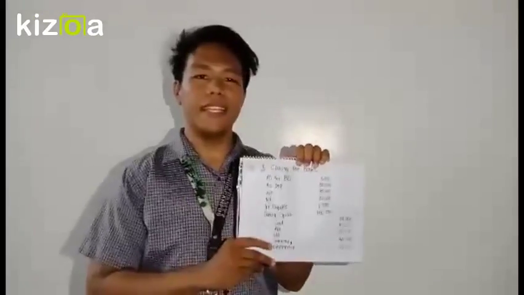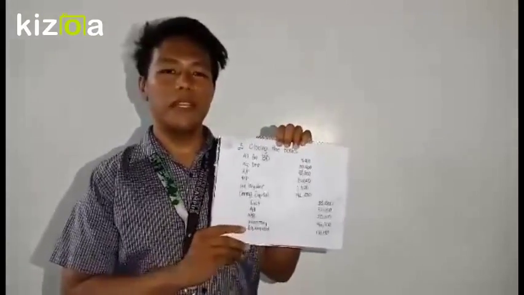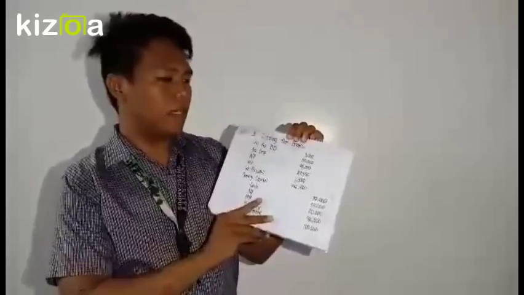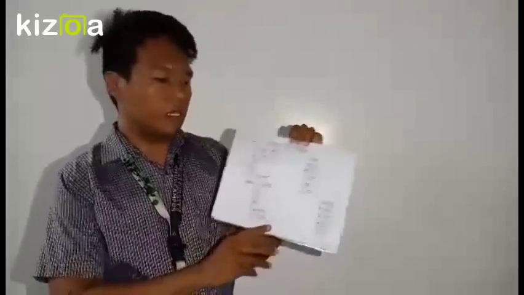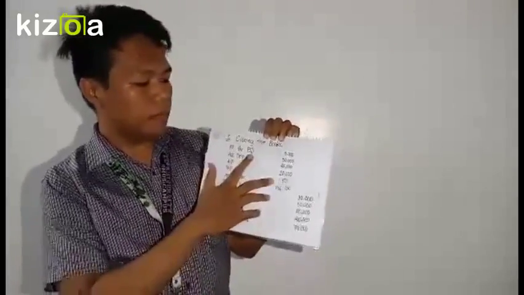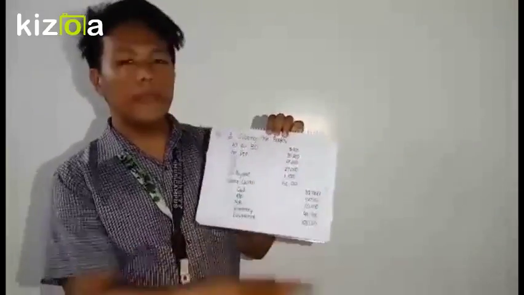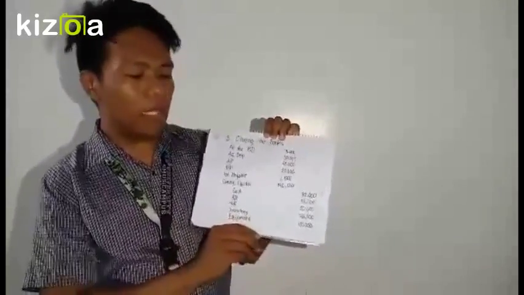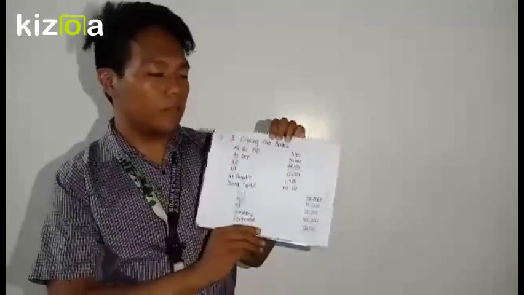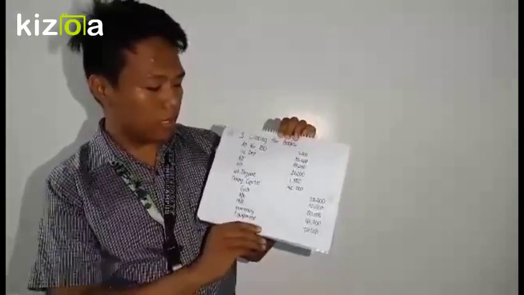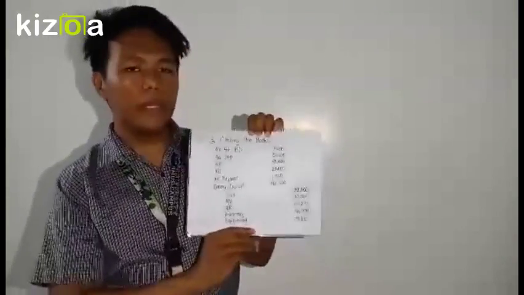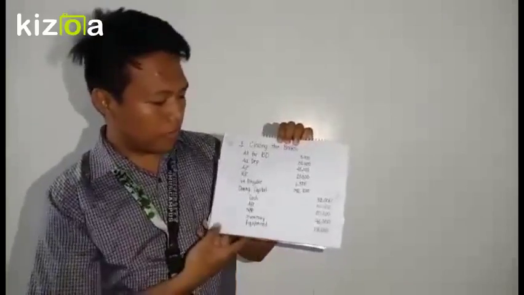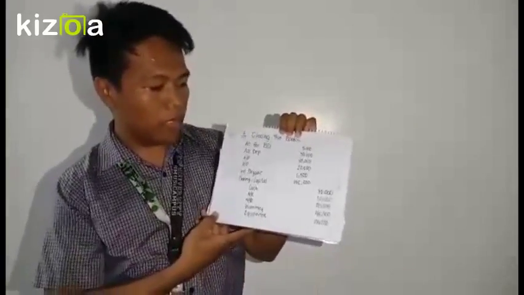I'm Glenn de los Reyes. I will explain the second step, closing the books. Allowance for bad debts, debit, 5,000. Accumulated depreciation, debit again, 30,000. Accounts payable, 45,000. Notes payable, 20,000.